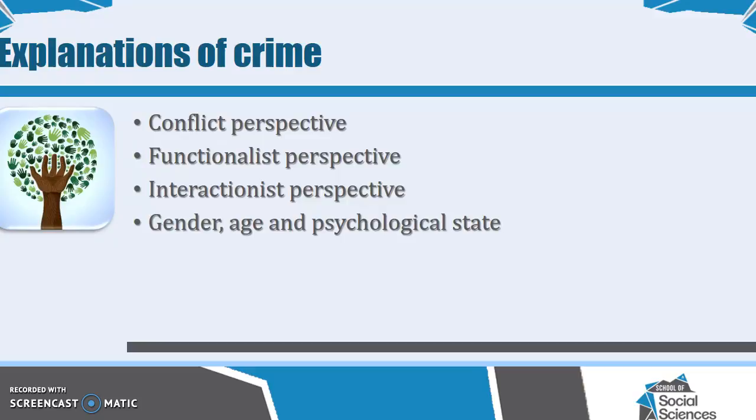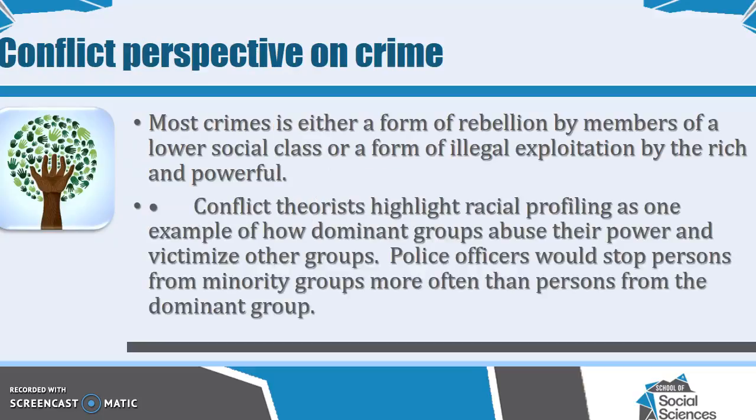We're also going to look at how gender, age, and psychological state each relate to crime.